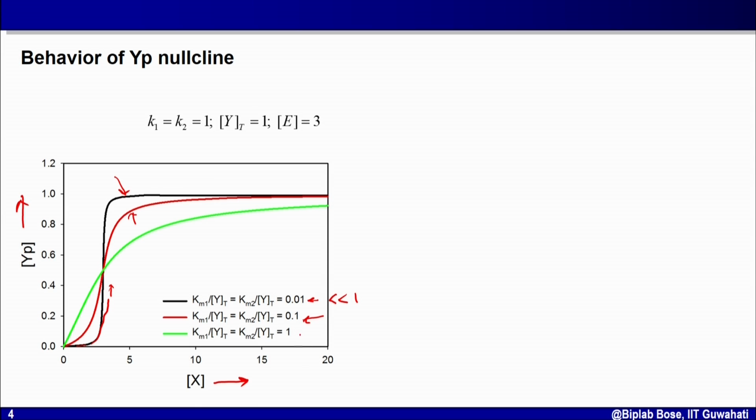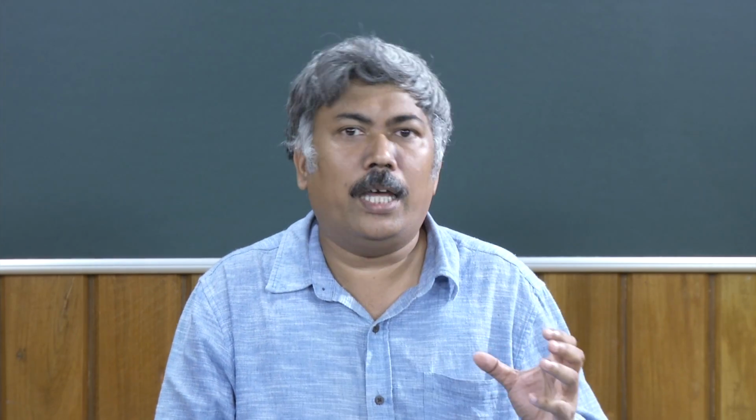But when we consider the Michaelis-Menten constant divided by the total y equal to 1, we get this green line, which is hyperbolic. So this yp nullcline keeps on changing its shape from sigmoid to hyperbola depending upon the ratio of the Michaelis-Menten constants for these two enzymes divided by the total amount of y present.